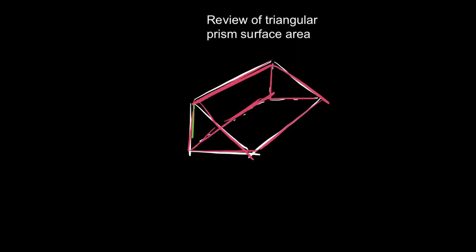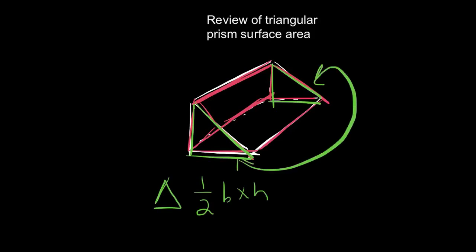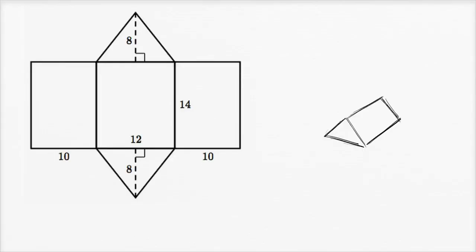You also have 2 bases, which are triangles. The formula for area of a triangle is 1/2 its base times its height. However, because you have 2 bases, 1 and 2, you can almost ignore dividing by 2 because you will multiply by 2 afterwards.